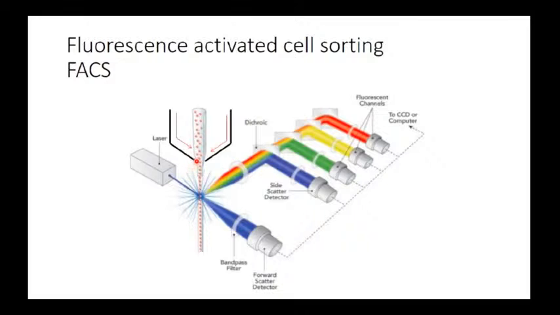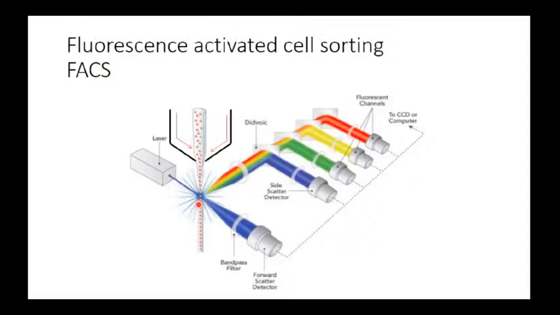The cells will pass one by one through the cell tube, and then we have the laser. So the cells will pass through the laser beam one by one. When the cell passes through the laser beam, there is the forward scatter, which is detected by the forward scatter detector, and then there is the side scatter, which is detected by the side scatter detector.